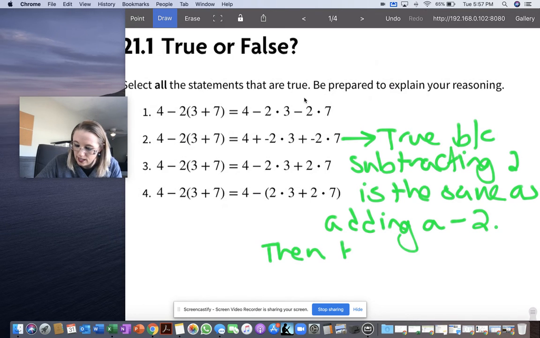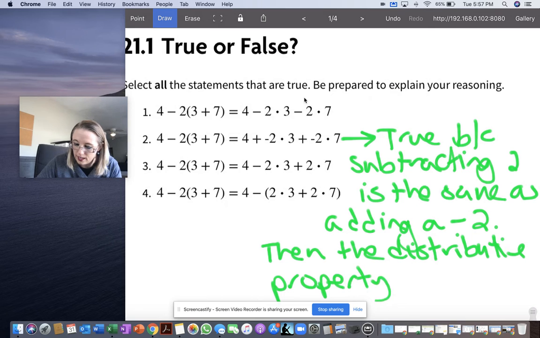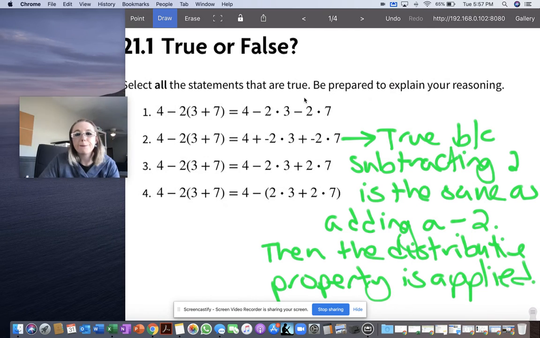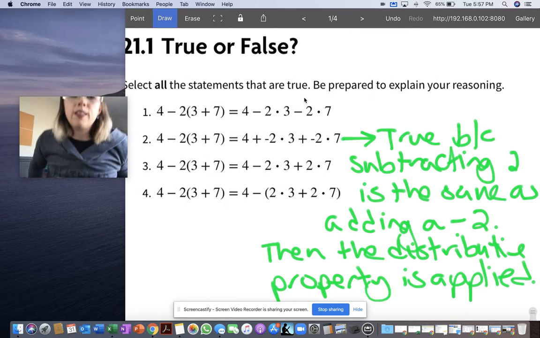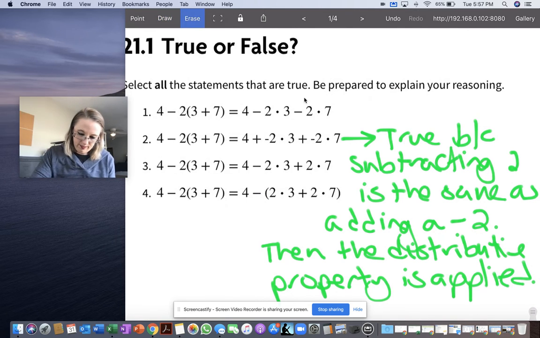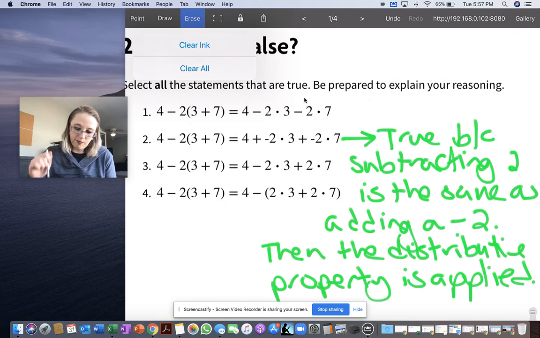Then the distributive property is applied. Okay? Pause if you need to so you can get that.